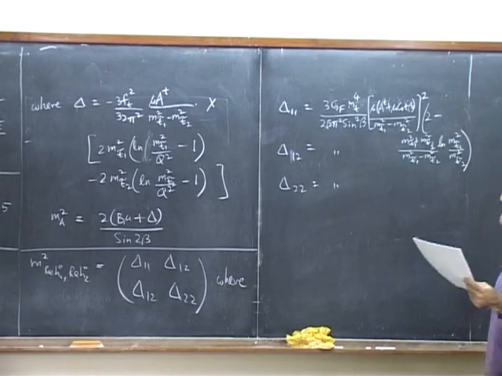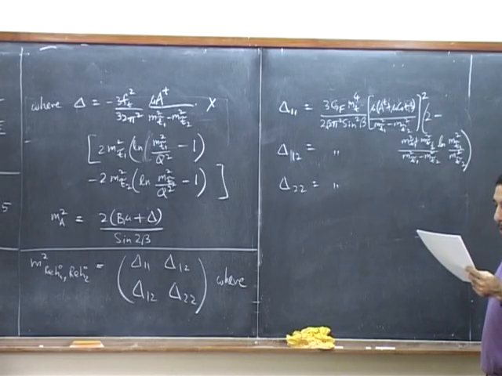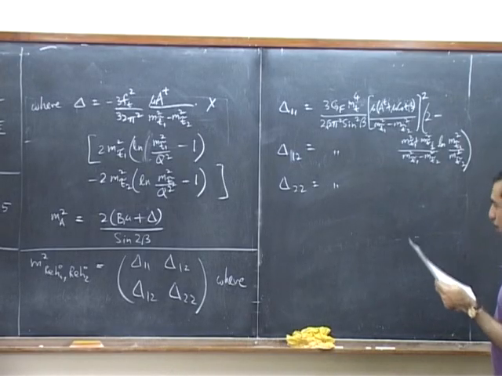I've only managed to write delta 1 1, and let me not write delta 1 2 and delta 2 2.